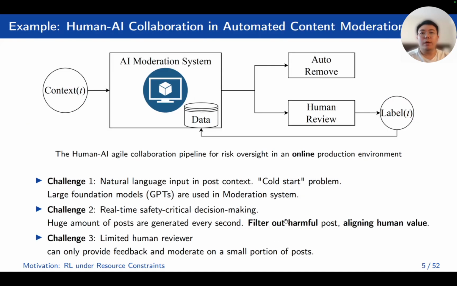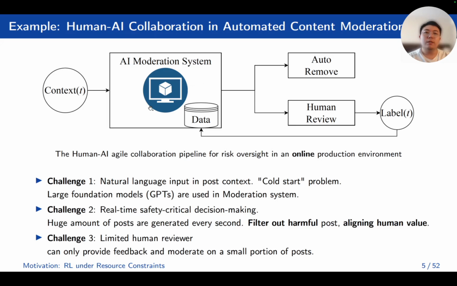For example, there is a very important contemporary problem, which is deployed in many social network platforms, for example, Facebook, Twitter, X, or Instagram, and even GPT: they have their own content moderation systems. In each time step, this is an online production environment. In each time index, the posts, which are the context here, will be observed by the AI moderation system.